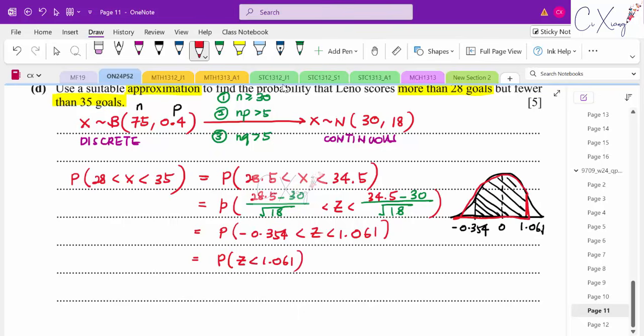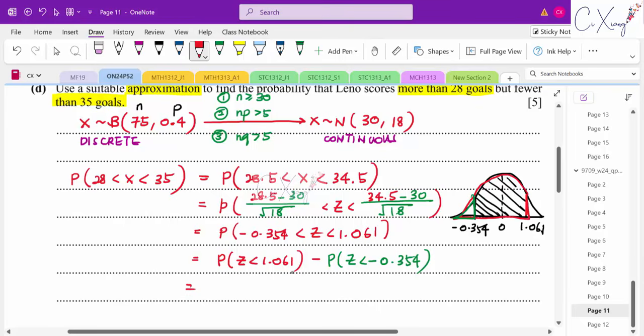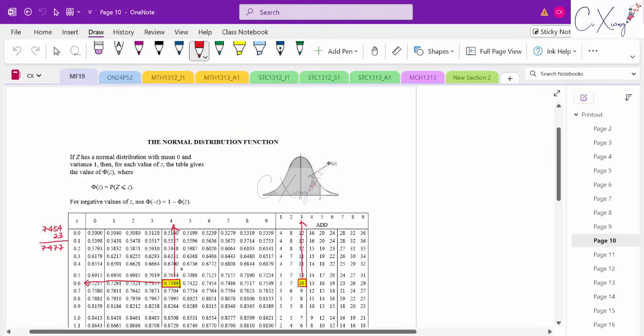Then I need to minus this green color area, because if I minus the green area from the red one, I get the shaded area that the question wants. So I have to minus z smaller than negative 0.354.